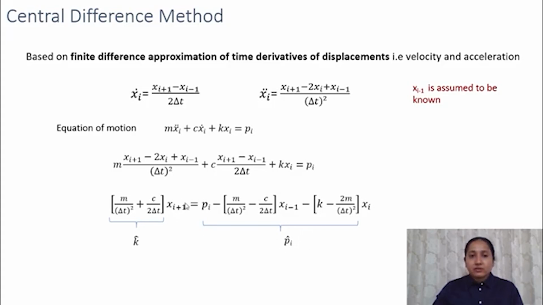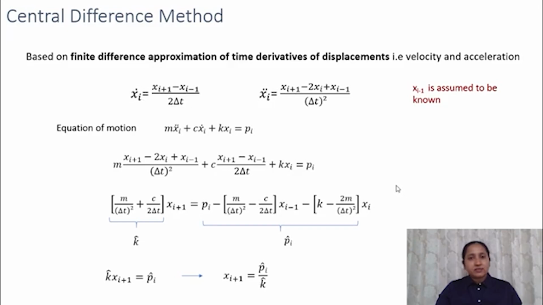So we can calculate the displacement at i plus 1 as this effective force divided by this effective stiffness. After calculating the displacement at i plus 1, we can substitute this value in these two expressions and calculate the velocity and acceleration at the ith time instant.